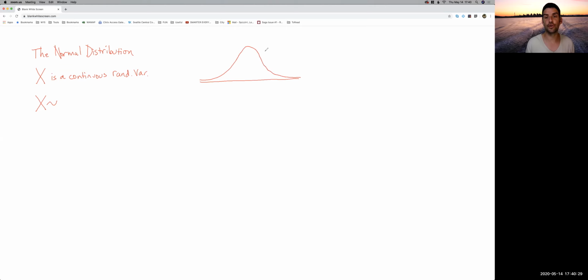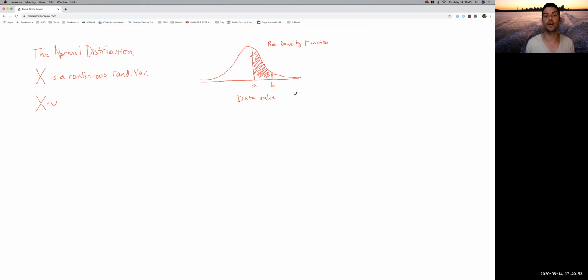This, remember, is going to be our probability density function, right? The same kind of thing we saw in the previous video about the uniform distribution, where we use this density function and we find areas underneath it to represent probabilities between two data values, right?